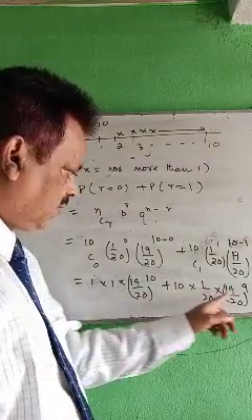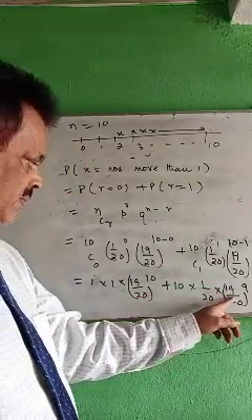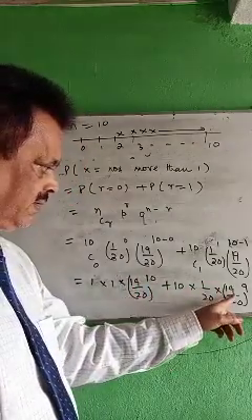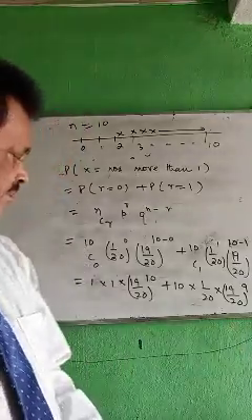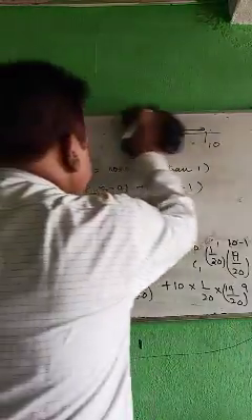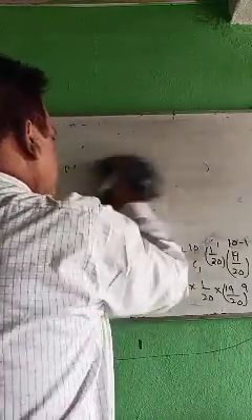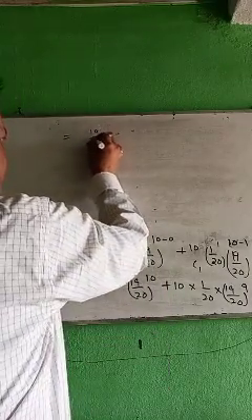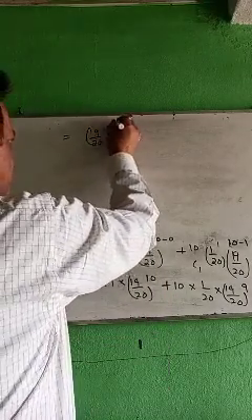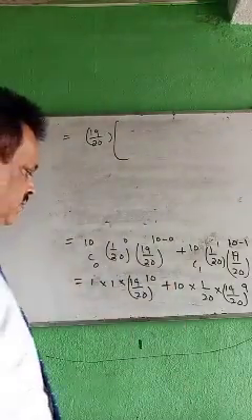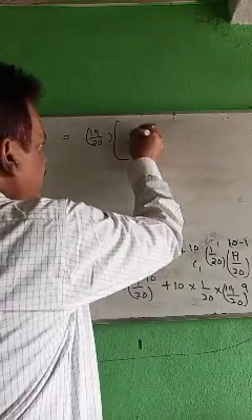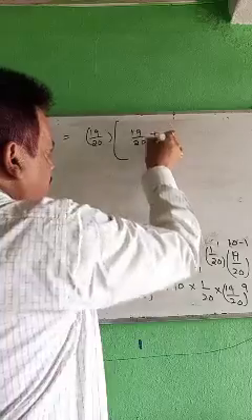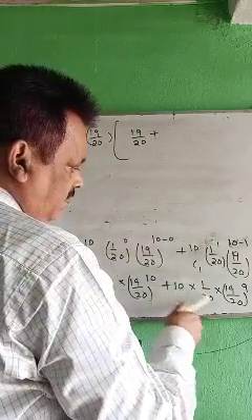So look at what is common here. 19 by 20 power 9 is common. If you take out the common, what is left out? Here is 19 by 20 plus here is 10 by 20.